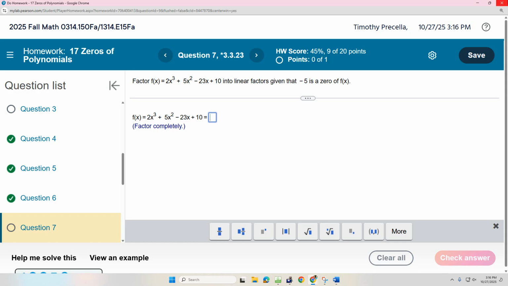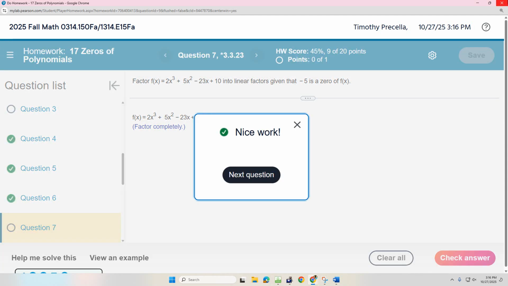Let me see. x plus 5, close parentheses. x minus 2, close parentheses, and 2x minus 1. Now we'll go on to the next one. Number 8.